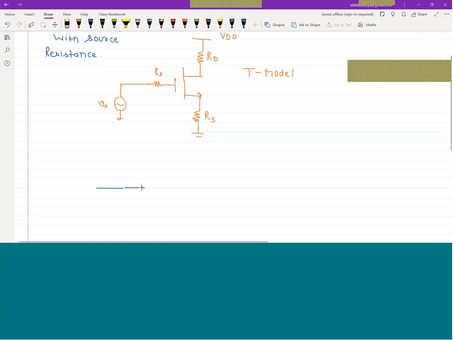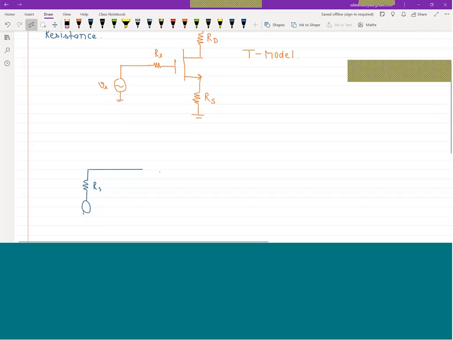Let's take one gate terminal, and a resistance is connected to it, this is Rs, and then we have Vs. Then a current source IDS is connected here.